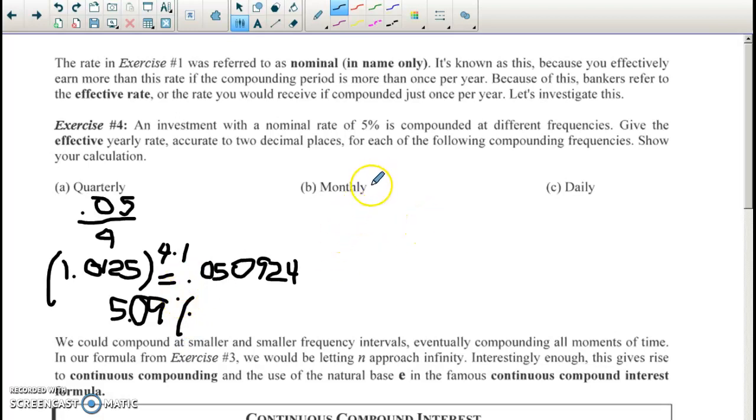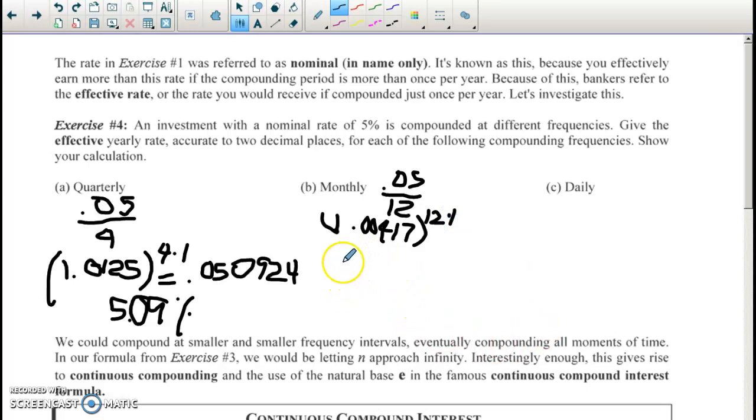Now let's talk about what happens with monthly. Well, monthly, it would be my 5% divided by 12. So you do that on your calculator, and that now gives us an effective interest rate of 1.00417, raised up to, again, now 12 times a year for this 1 year.